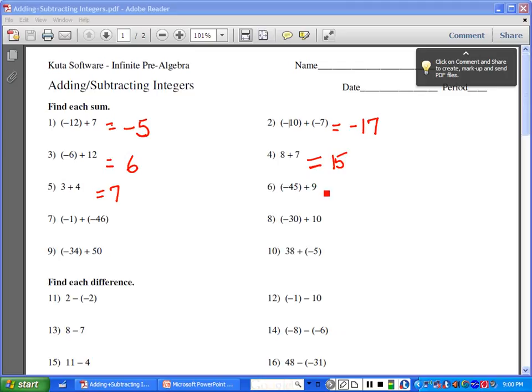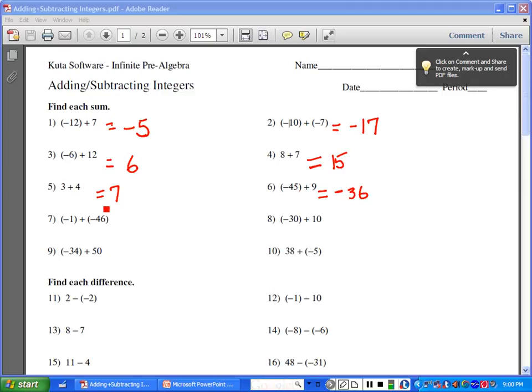My answer will be either negative or positive. It's definitely going to be negative because 45 is the larger of the two numbers. When I subtract 45 and 9, we get 36. So the answer is negative 36 here.